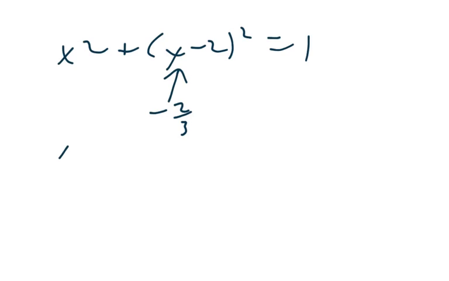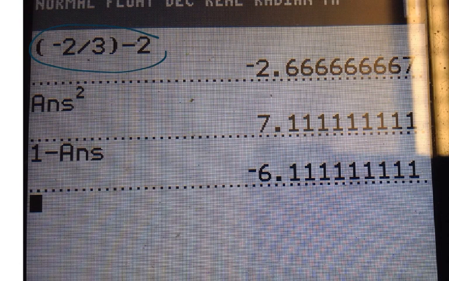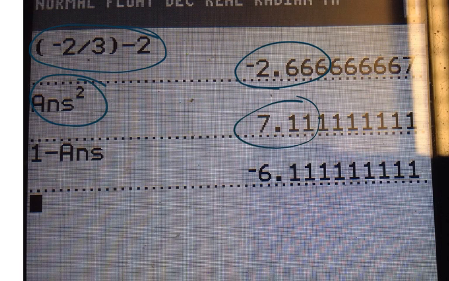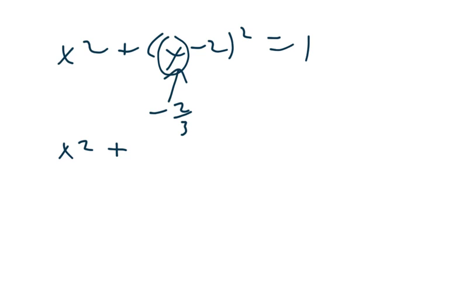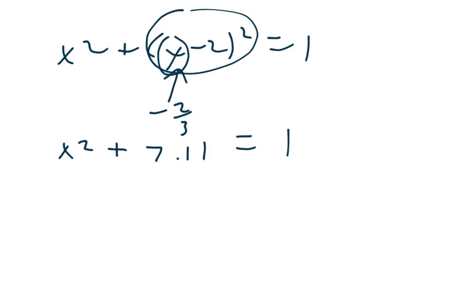I get x squared plus, again plugging in the negative 2/3 right there, using my calculator, negative 2/3 minus 2 is negative 2.66. And then when I square it, I get 7.11, right? So this whole thing becomes 7.11 equal to 1.